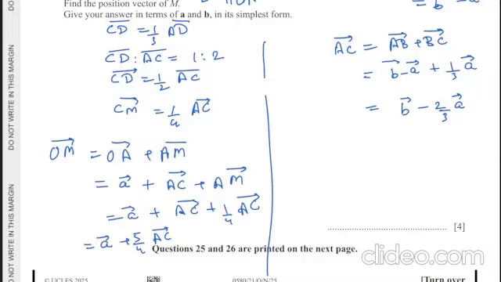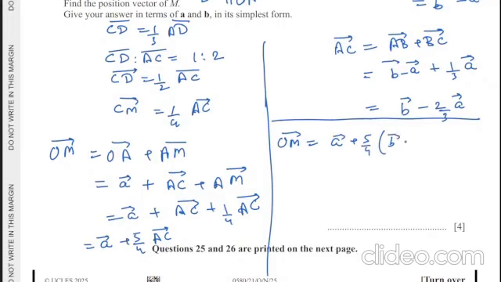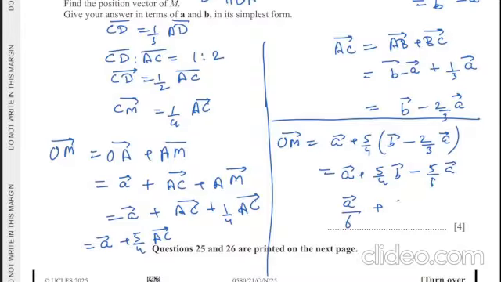So let's simplify it further. OM will be equal to A plus 5/4 of AC, meaning vector B minus 2/3 of vector A. So A plus 5/4 of vector B minus 5/6 of vector A, which can also be written as vector A by 6 plus 5 vector B by 4 as the final answer for this vector question.